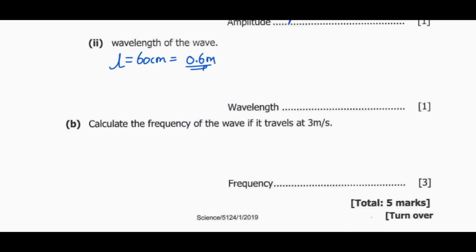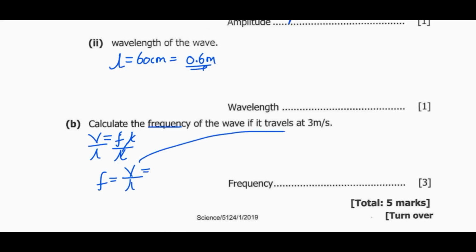Then calculate the frequency of the wave if it travels at 3 meters per second. So you know that velocity is equal to frequency times the wavelength. So we want frequency, let's divide by lambda, also by lambda, so that our frequency is equal to velocity over lambda.